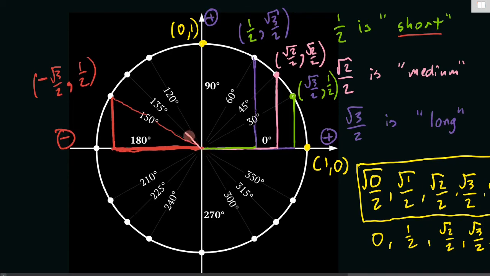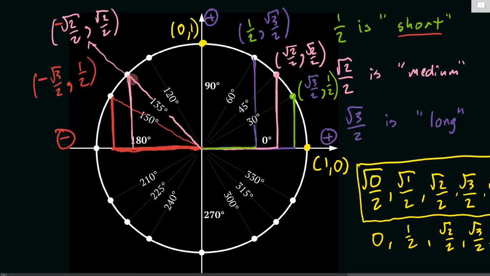This one here, our 45-degree triangle, in this quadrant is 135 degrees. And so the cosine of 135 degrees is root 2 over 2, comma, root 2 over 2, but it is negative in the x-axis because it's going to the left.